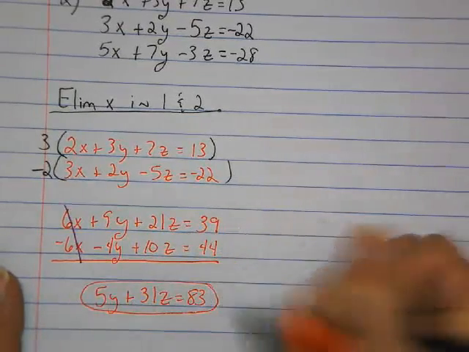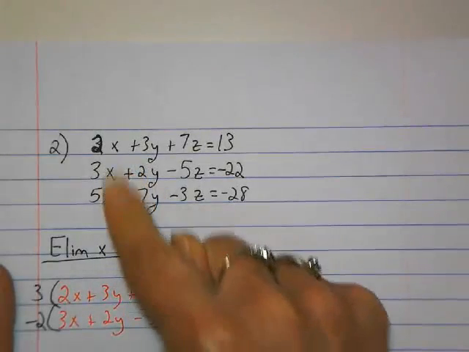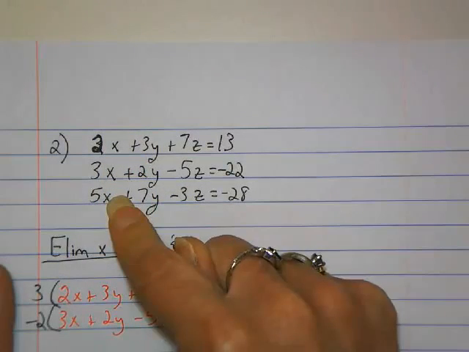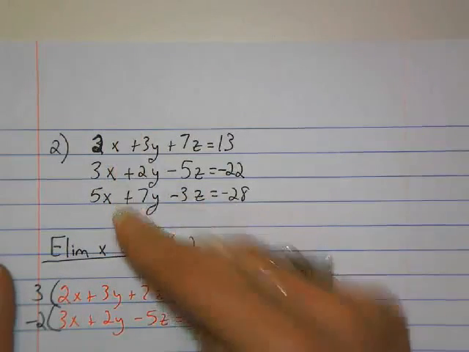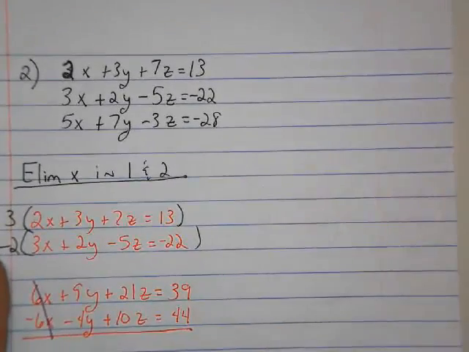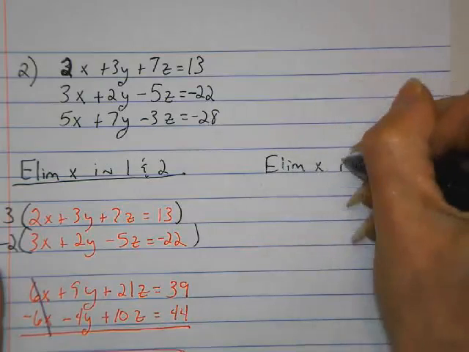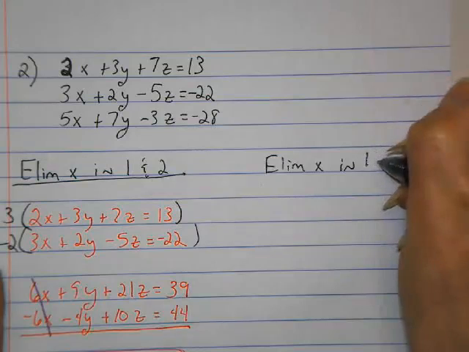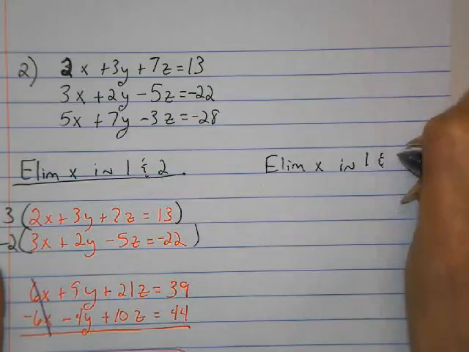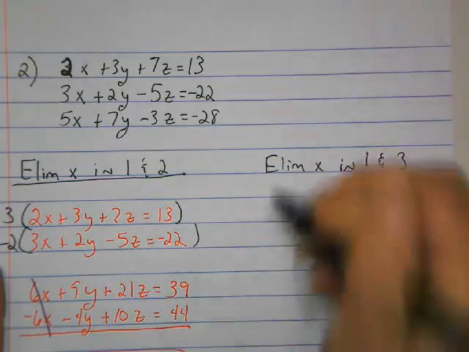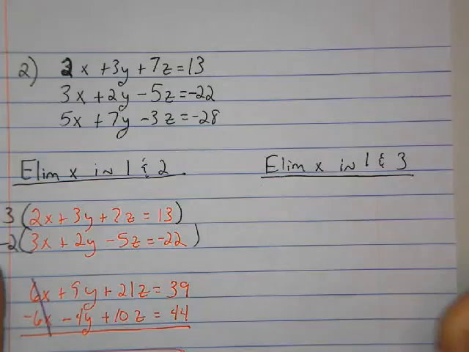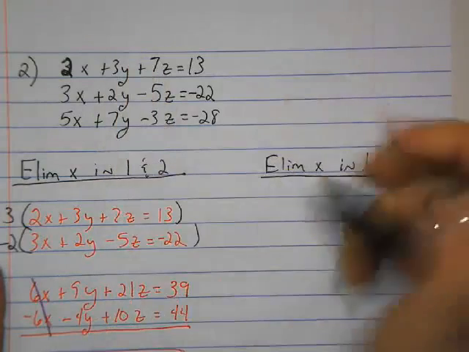Alright, let's go back and decide, do we want to eliminate x in 2 and 3 or 1 and 2? I'm going to go ahead and run with 1 and 2. Of course, that's not what I did in my notes, so let's hope I don't make a mistake. I said 1 and 3. I think I said 1 and 2, I meant 1 and 3. Alright, so I'm going to write down these as they are.